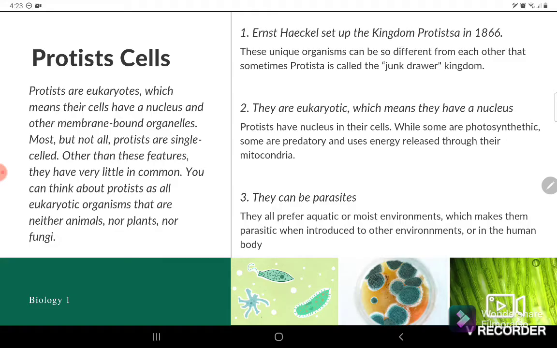So these unique organisms can be so different from each other that sometimes Protista is called the junk drawer kingdom, because they cannot be categorized. There are very few characteristics or features. So that is why they are sometimes called the junk drawer kingdom.